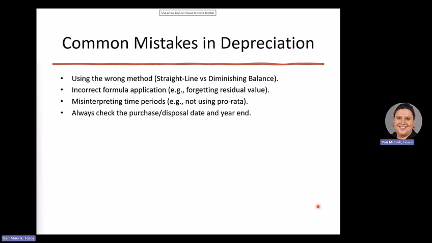Then you must always check the disposal or the purchase date of this asset to make sure that you pro rata the depreciation for the months that you are using it. I want to stress again, don't forget about residual value. Then incorrect journal entries, and this is where you don't know that assets will reduce on the credit side.